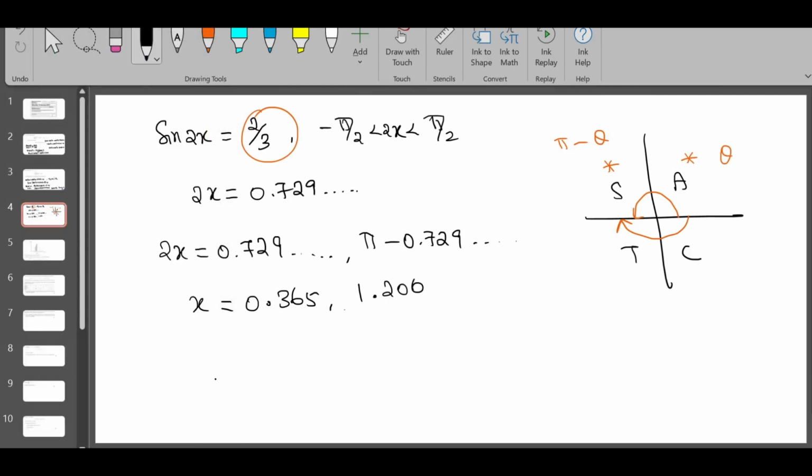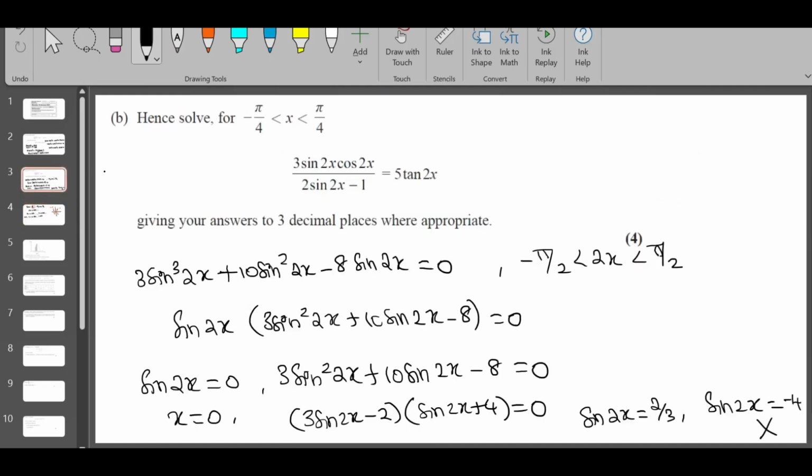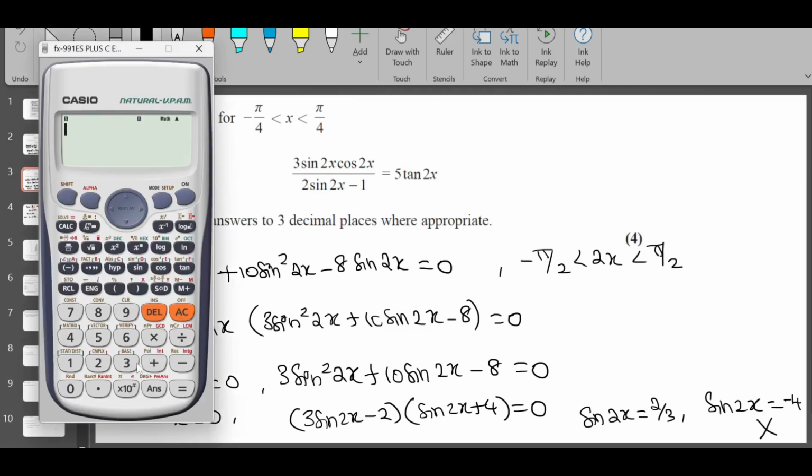But the thing is, for harder trigonometric equations, you need to make sure the solutions you are getting lie in the original limit. We already got x is 0 also, right? The 3 solutions must lie in the original limit, minus pi over 4 to pi over 4.